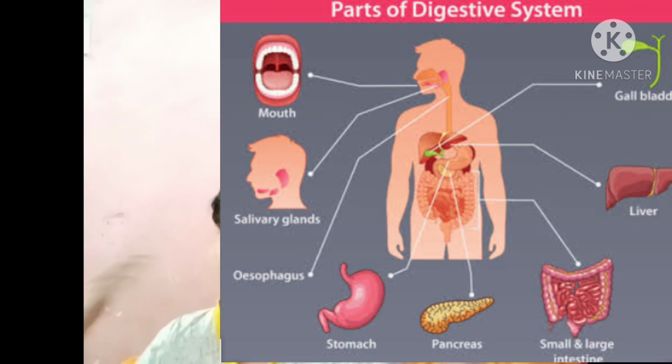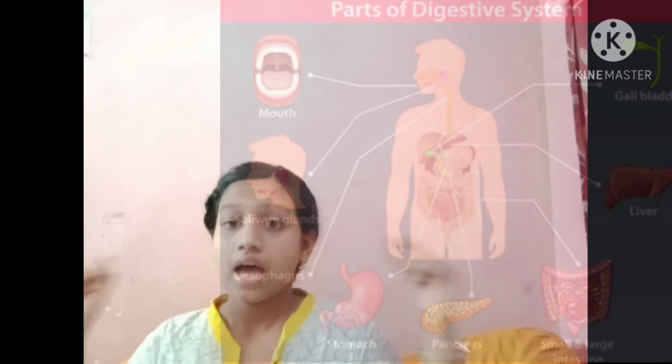The small intestine also has tiny finger-like projections called villi. The villi help in increasing the surface area for absorption of the digested food.